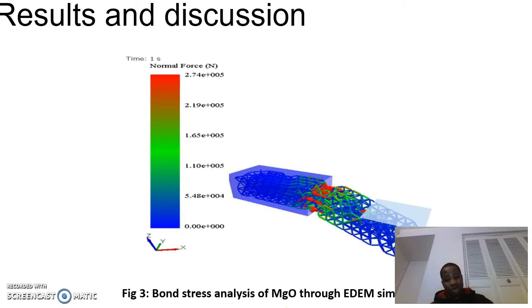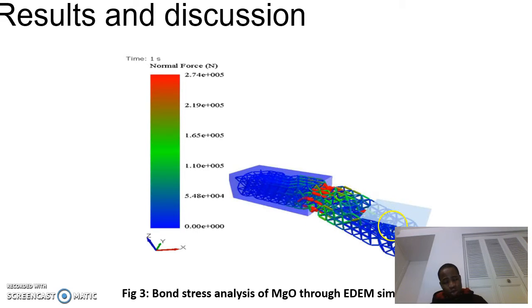So we see that when the force, this is the force that is coming down on this bonded particle of magnesium, is larger than what the bond can bear, it starts breaking. That is what we want to see: at what point the bond is going to break, or tend to break.